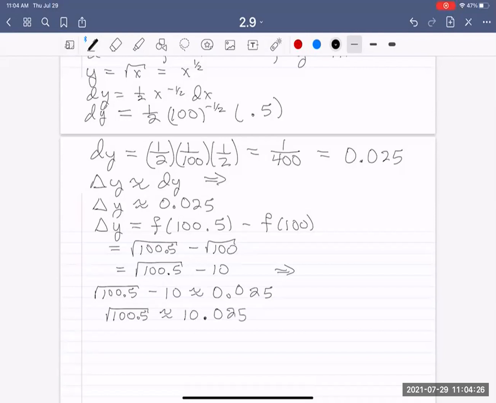So you have calculated the square root of 100.5 without using a calculator. Notice I didn't use any calculators here. If you plug it into a calculator, you will notice that you get a pretty good approximation. So this is a good approximation without you having to rely on a calculator.